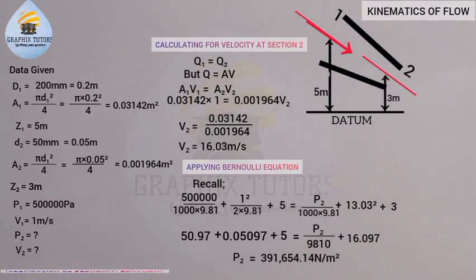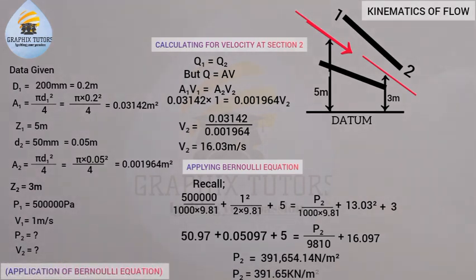That is the pressure at section 2 of the pipe. So we can easily convert it to kilonewton per meter square, which will give us P2 equals 391.65 kilonewton per meter square. And we also know that Newton per meter square means Pascal. So it can be 391.65 kilopascal. Is that okay now?